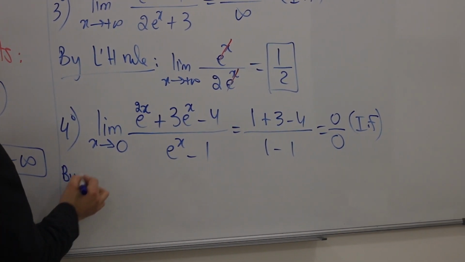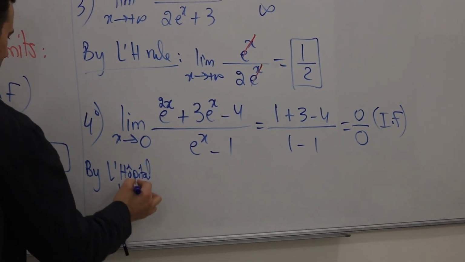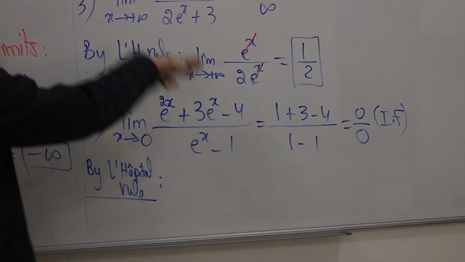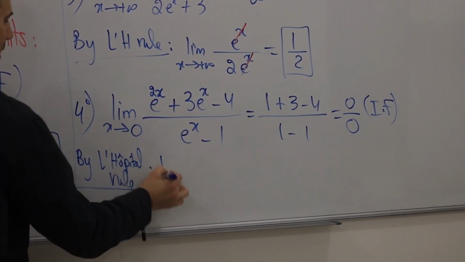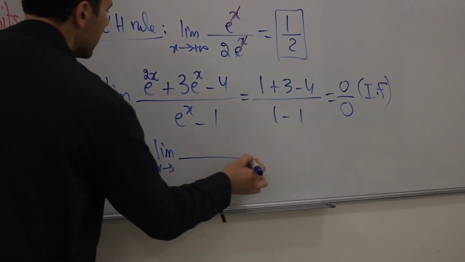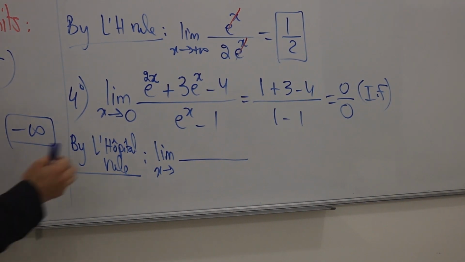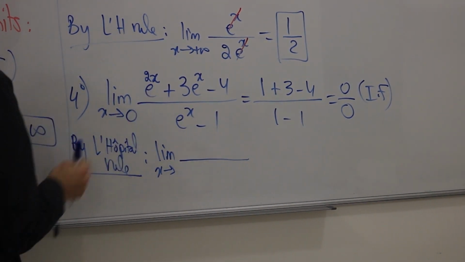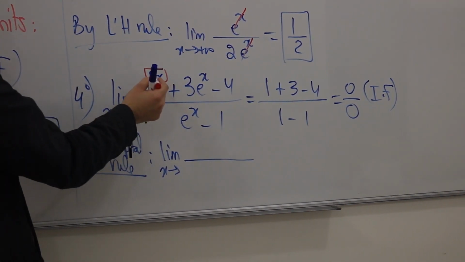By L'Hopital's rule, we make the derivative of the numerator, as we said before, and the derivative of the denominator. Then be careful about your calculation in order not to make calculation mistakes. e to x: this reminds us of what? e to u.